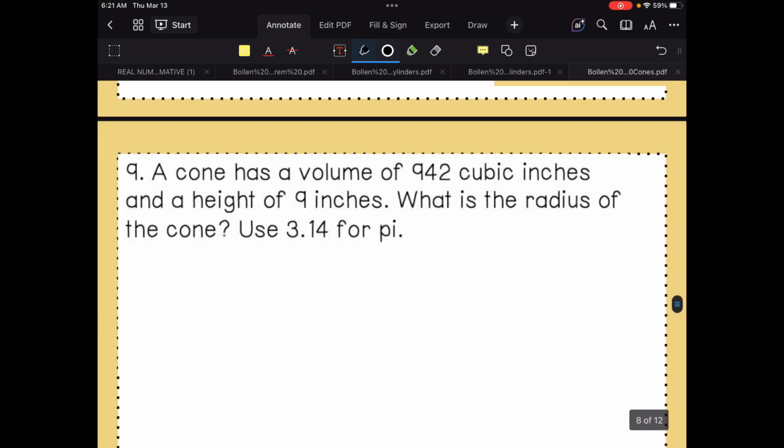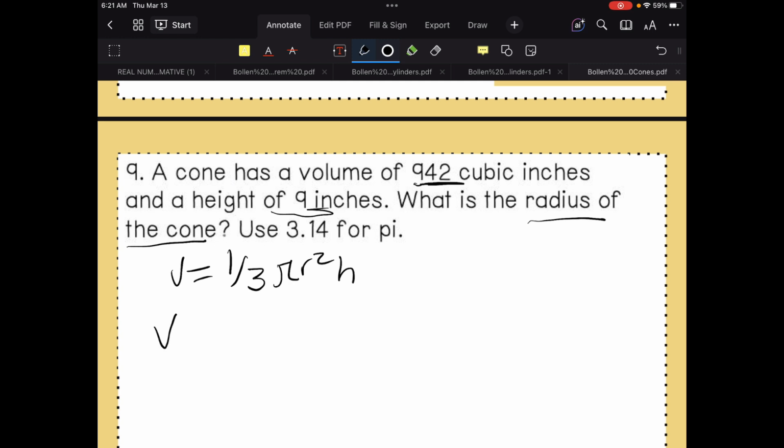And then this is a cone that has a volume of 942 inches and a height of 9. What's the radius? So you have to plug that into our formula. Our formula is volume equals 1/3 times pi r squared times our height.